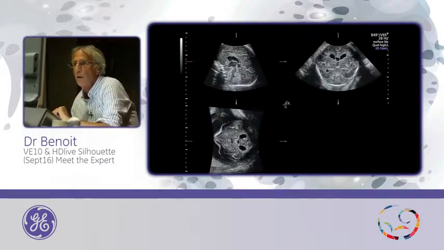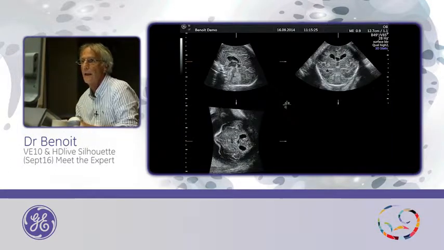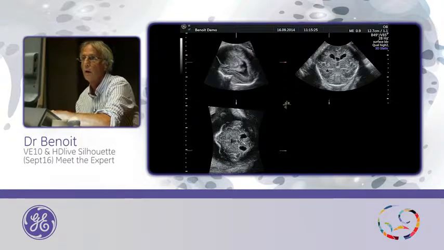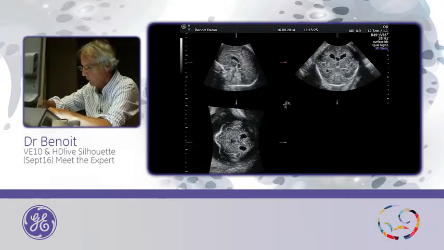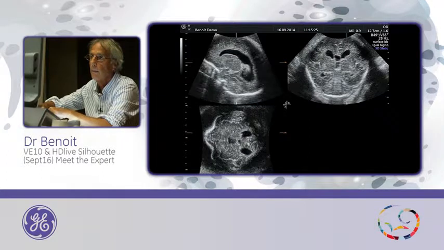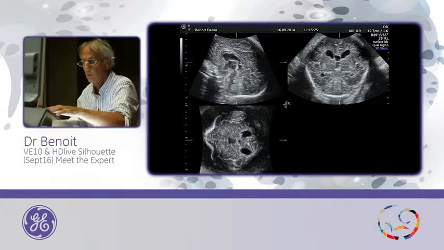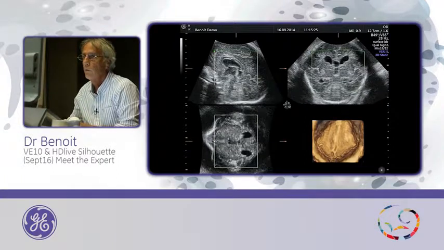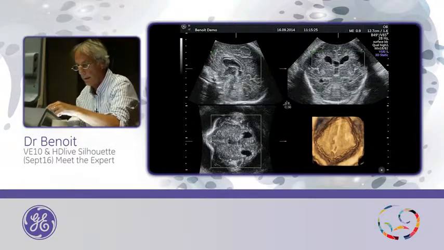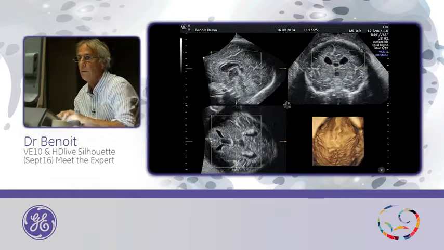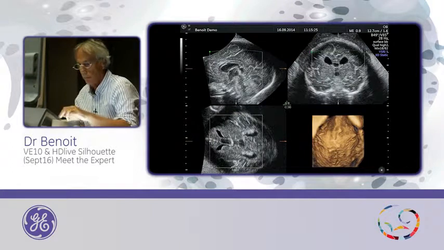How long do we have? A brain with ventriculomegaly. So this was a really good acquisition. So you can move inside, see the different parts of the brain, different ventricles. So now, random mode. This is a random mode from the top of the head.